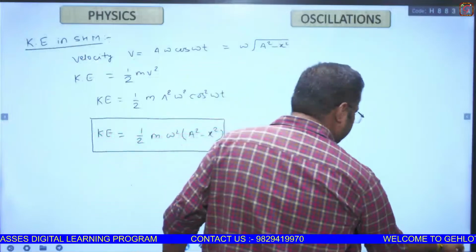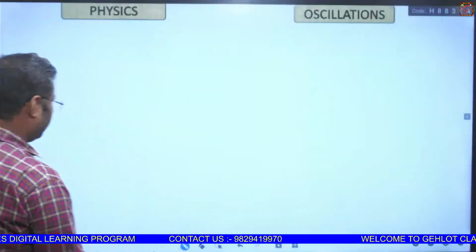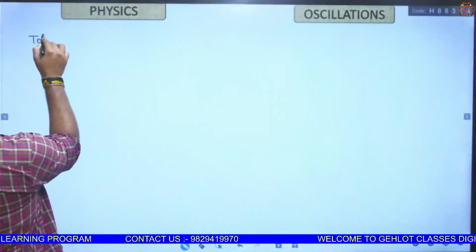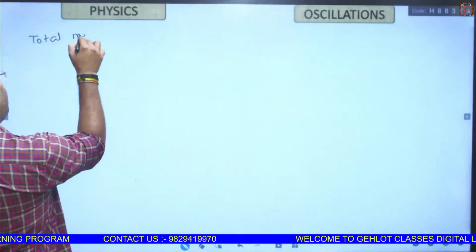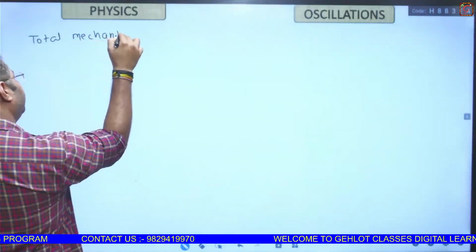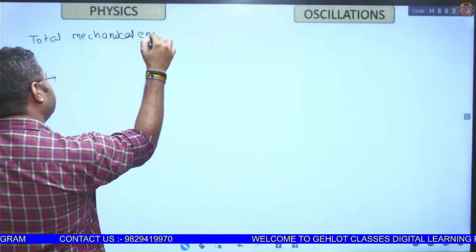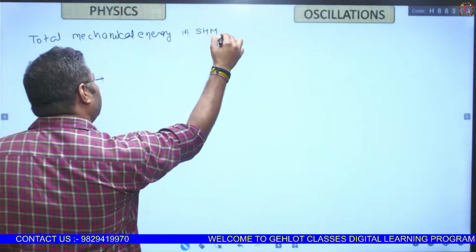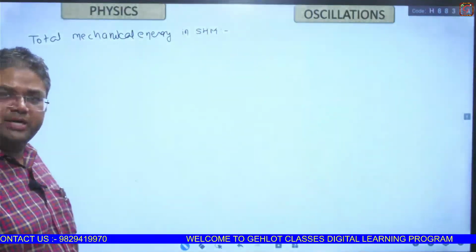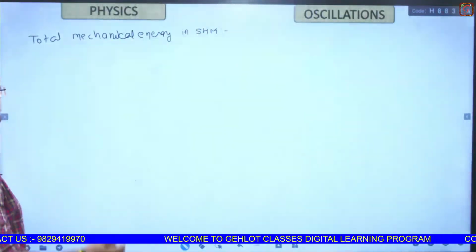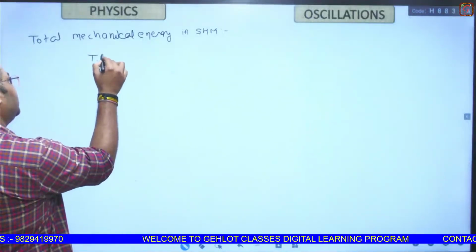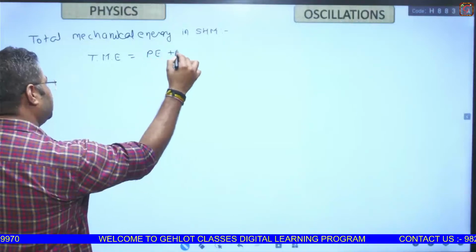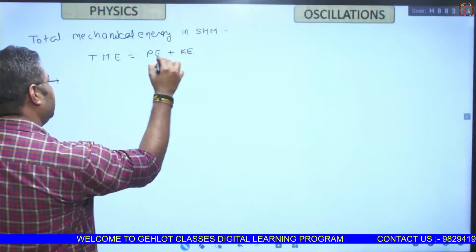Now the total mechanical energy in S.H.M. We know that total mechanical energy can be written as potential energy plus kinetic energy.